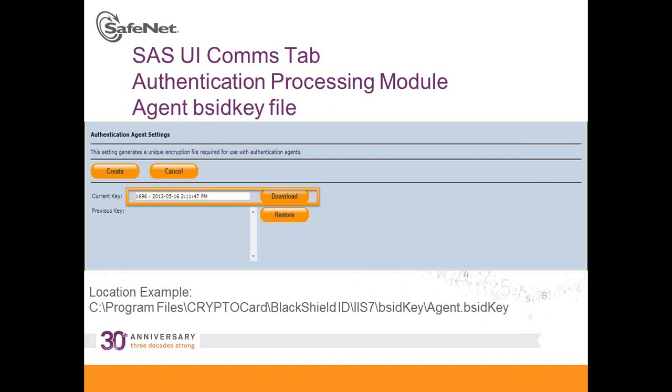Okay? Now, by default, every system has a default key file. It's best practice for customers to create a new key file and download it, and inside each of our agents in the install path, we have the ability to define where that BSID key file is located. And if you see here in this example, it's very similar. So all agents, depending on what agent it is, you will see you have a key file.